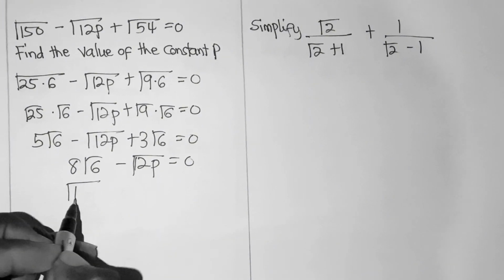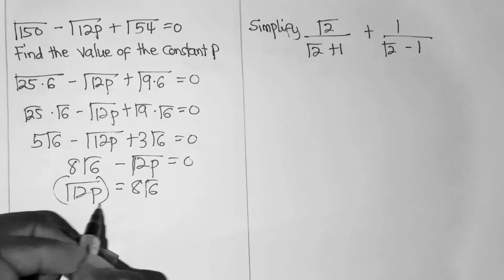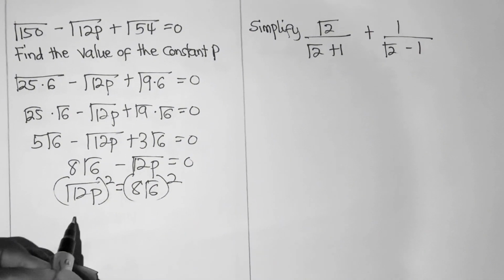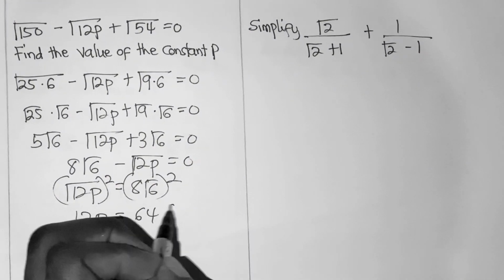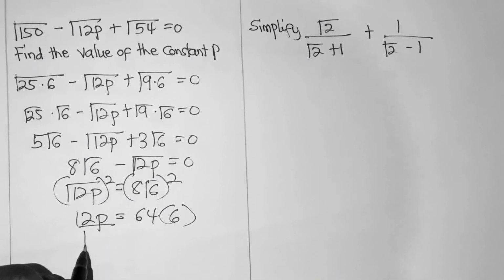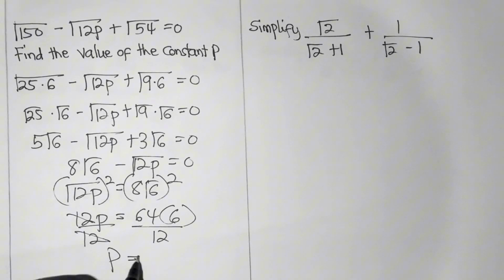So square root of 12p is equal to 8 root 6. So we can square both sides. We find out that 12p is equal to 8 squared, which is 64, times 6. So if you divide by 12 on both sides, we find out that p is equal to 32.